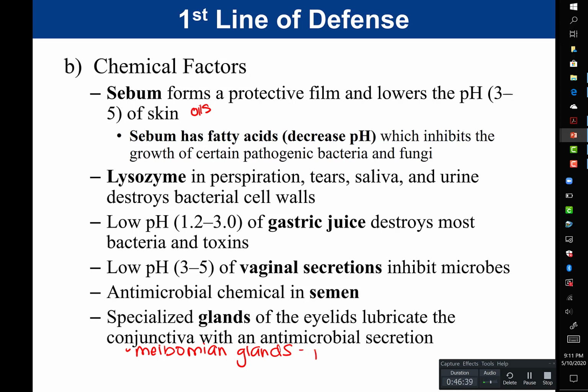So it produces an oily substance that prevents evaporation of tears.